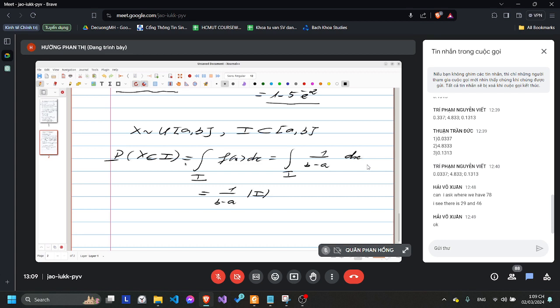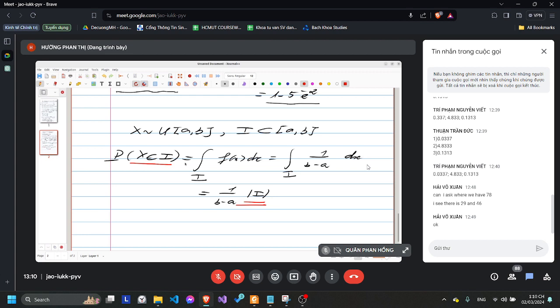Okay. So what is the meaning of these calculations? It says that the probability of S belonging to any interval I, which is a subset of [a, b], only depends on the length of the given interval, because b minus a is already a constant. Okay. The probability is the chance.